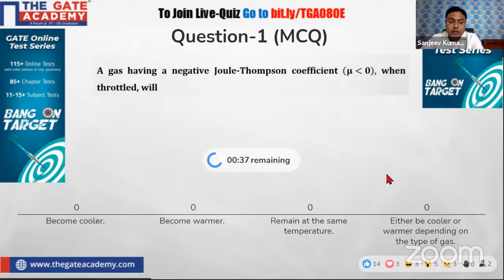It will become cooler, become warmer, remain at the same temperature, or either be cooled or warmed depending upon the type of gas. A very easy question for 60 seconds. Only one option is correct. Think properly and mark the correct answer. After that, you will be awarded points for that correct answer.